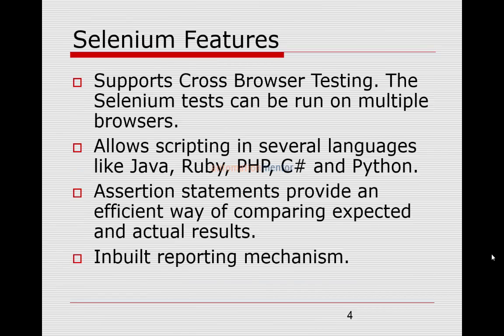It also supports various programming languages like Java, C#, and Ruby, and it always has a provision for adding verification or assertion statements which compare the expected with the actual results of the application. We have an inbuilt reporting mechanism with Selenium itself, which generates an HTML report once a test suite or test cases have been executed.